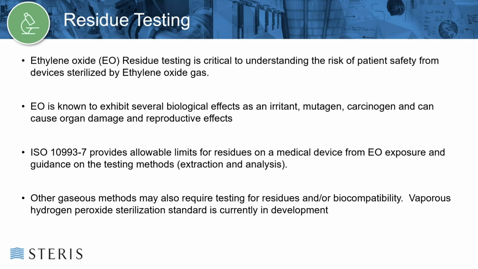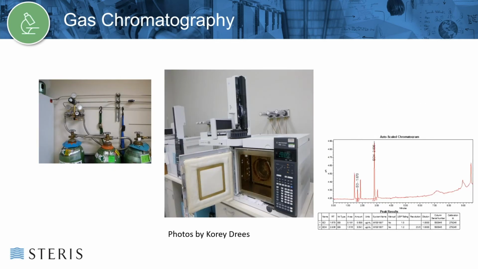Sterilization through certain gaseous methods has the potential to contribute residues to product that could have biological effects to a patient. Ethylene oxide residue testing and product residue requirements are detailed in ISO 10993-7. The ISO 10993 series covers other methods for biocompatibility testing as well.